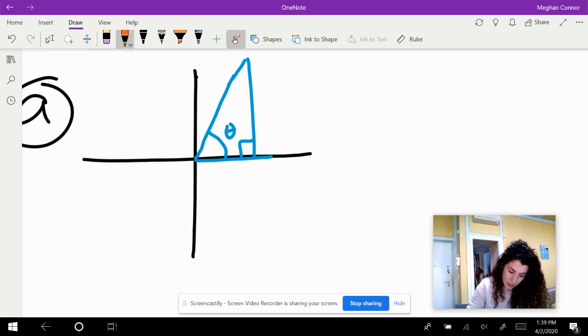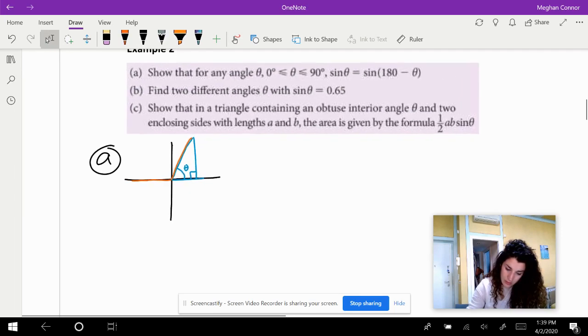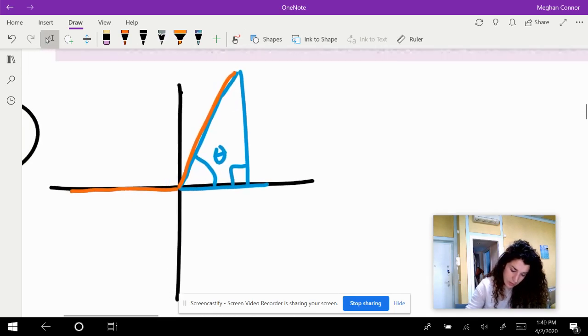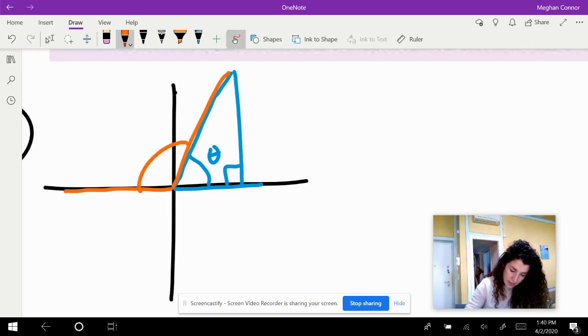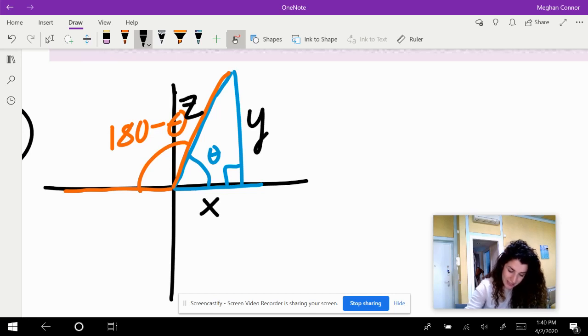And then I'm going to call this 180 minus theta. I have to call things by variables. So I'm going to call this x. No, actually, I'm going to call this x, this y, and this z.